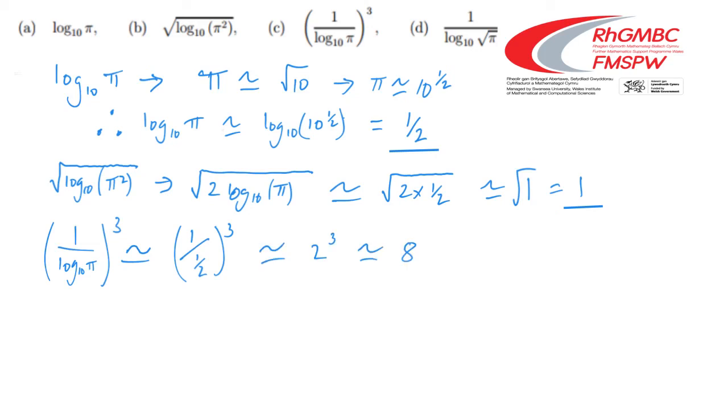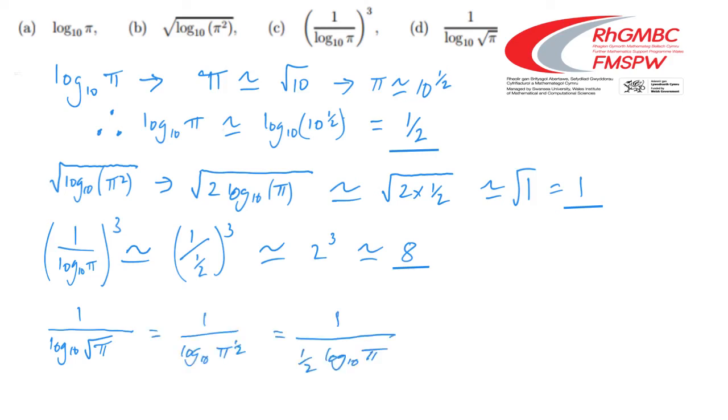And considering the final given value, 1 over log 10 of root pi, we can initially manipulate this using the laws of logarithms to get 1 over 1/2 log 10 of pi, as shown, and this then can be approximated using the first value to give 1 over 1/4, which is approximately 4.